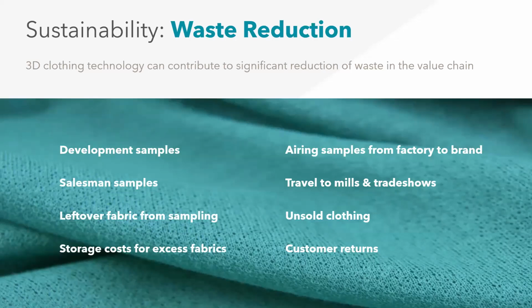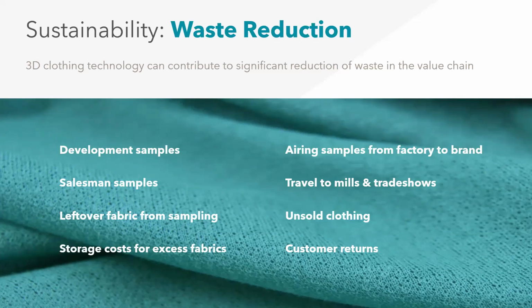So creating multiple development samples and salesman samples, different colorways, leads to a lot of leftover fabric where brands have to meet supplier MOQs and MCQs because mills have in place because they need to recreate the conditions of bulk production.